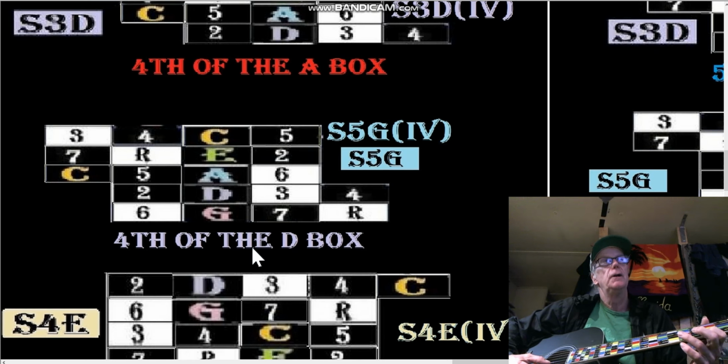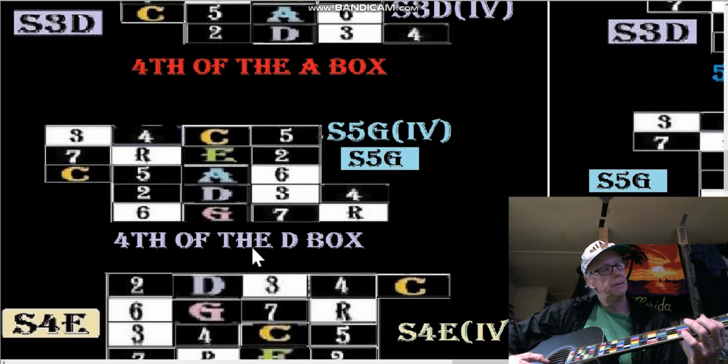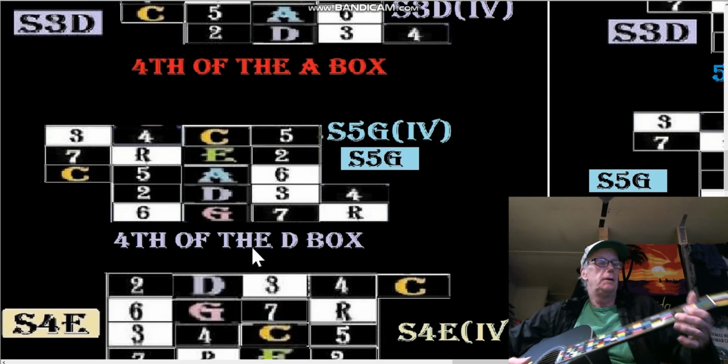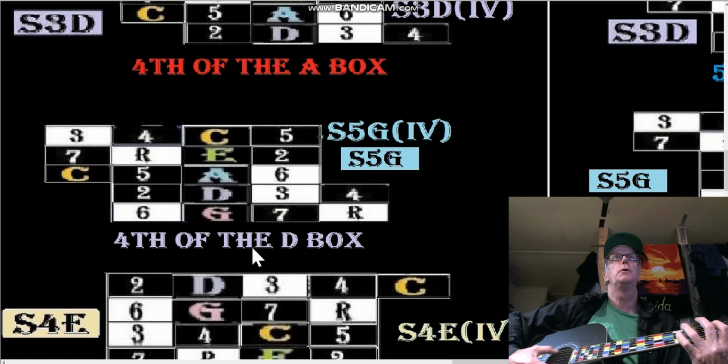Right there, 6, 3, and we're not going to play that 5. Okay, so then up like that. So we've got more notes there, as opposed to, see how we have more notes?